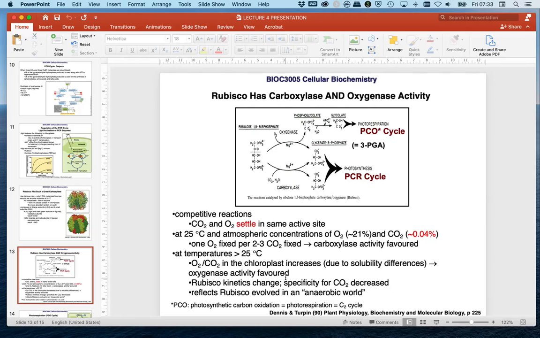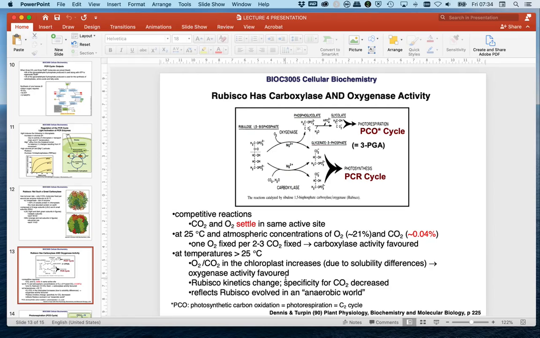Under these conditions, oxygenase activity is favored. Okay? In addition to the diffusivity of the gases into the chloroplast, there's also a change in the Rubisco kinetics at increasing temperatures. And under those increasing temperatures, we see specificity for CO2 being decreased.